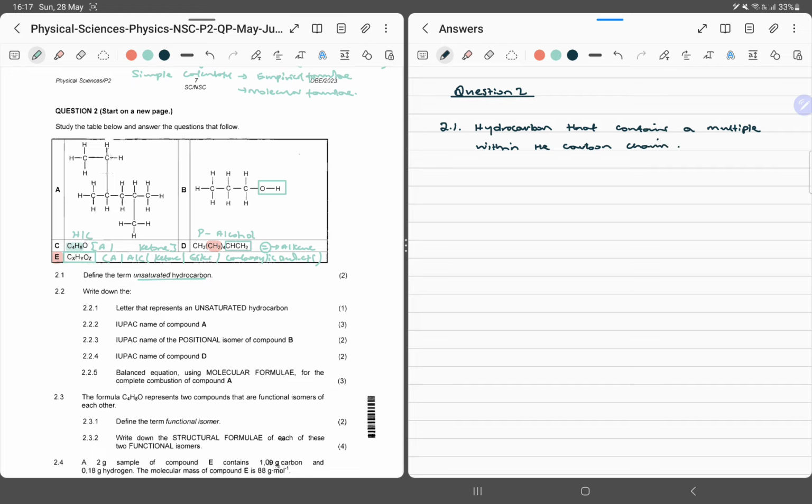Okay, it's a hydrocarbon that contains a multiple bond within its carbon chain. So a multiple bond can be a double bond, it can be a triple bond. So this is easy. Easy marks.